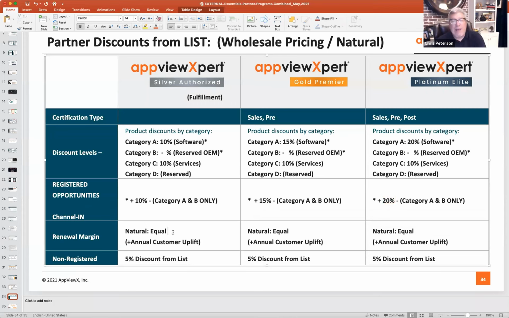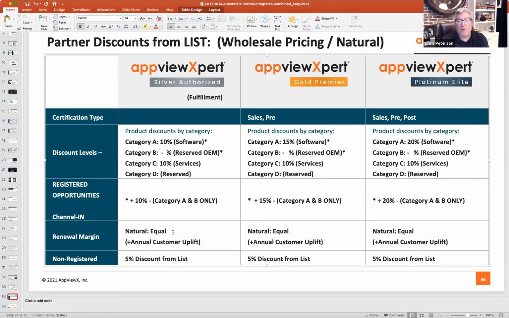I also mentioned renewal protection. So we have an annual customer uplift that we put in our quotes and our EULAs. So when your customer comes up for renewal, you'll be quoted basically the exact same amount as what was paid to us the previous year or the original license, plus this customer uplift that they agreed to when they acquired the license originally.